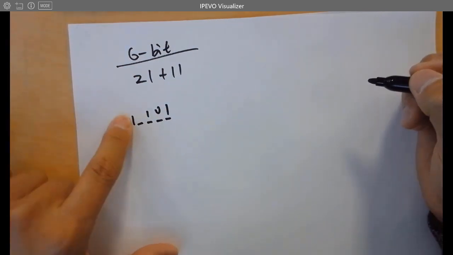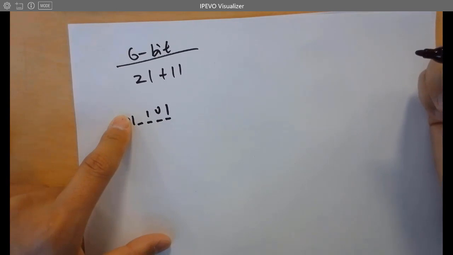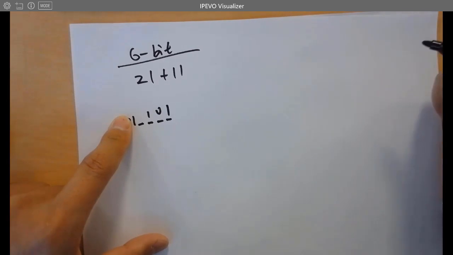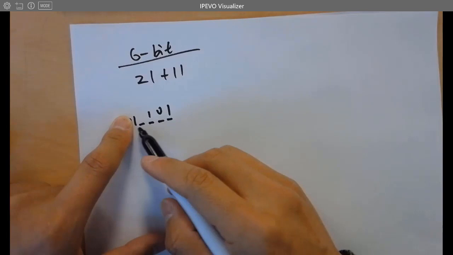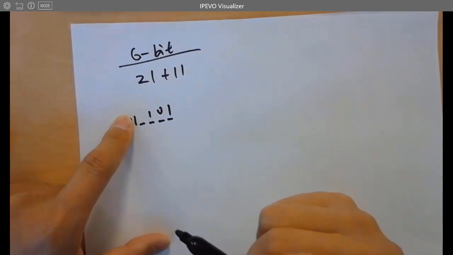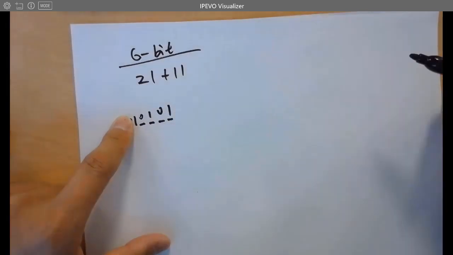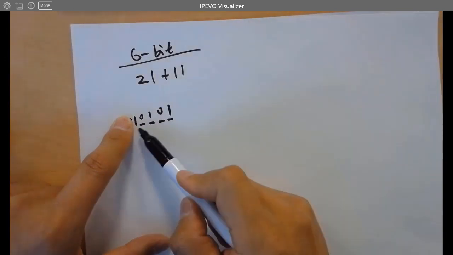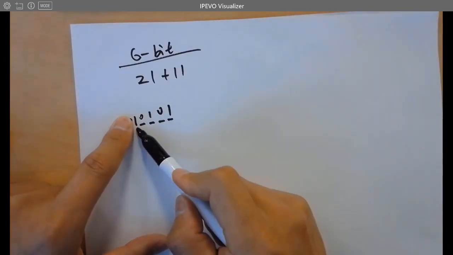If you don't have this 0, it's going to be something else. And what is that? Minus what? If this is a 2's complement number, what is this number? Minus 16, yeah, negative 16.